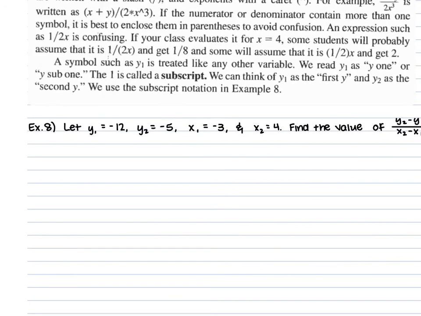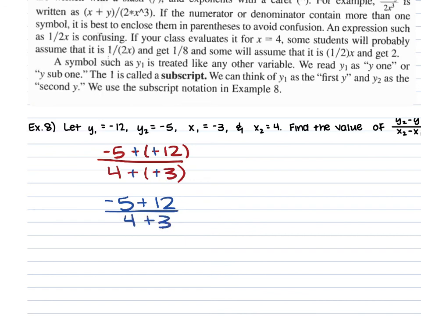So y2 minus y1 is negative 5 minus negative 12, over x2 minus x1, which is 4 minus negative 3. The two negatives next to each other turn into positive, so it's negative 5 plus 12 over 4 plus 3. The negative 5 plus 12 gives us 7. The 4 plus 3 is 7. 7 over 7 is 1.